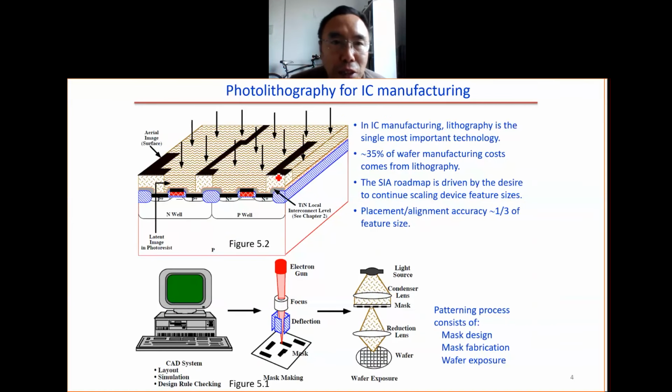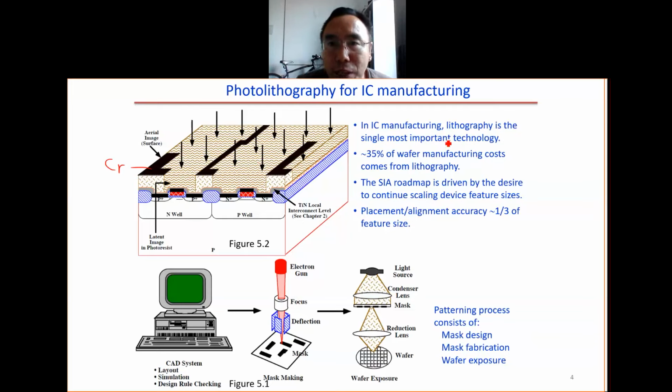This is the idea for IC manufacturing. We have the photoresist. We shine the light, and we get more soluble or less soluble depending on whether it is a positive resist or negative resist. Here the black color is like chrome. The chrome blocks the light.